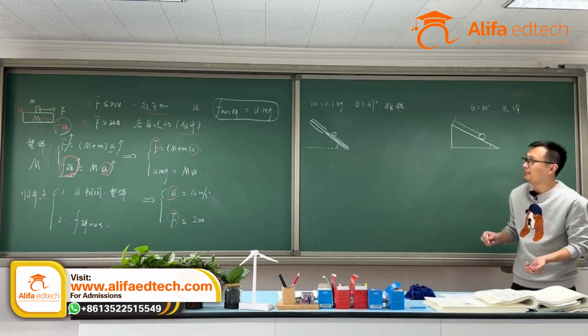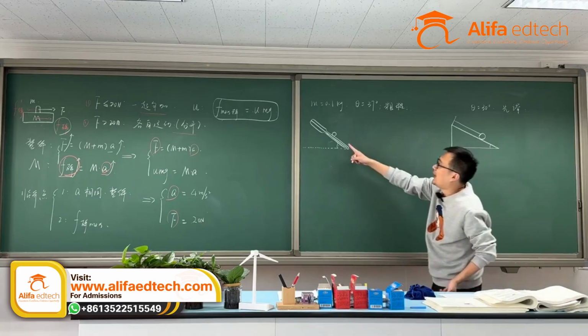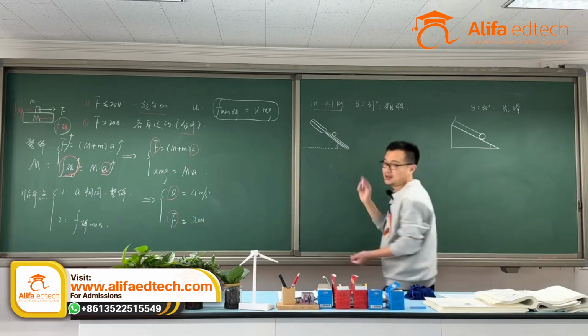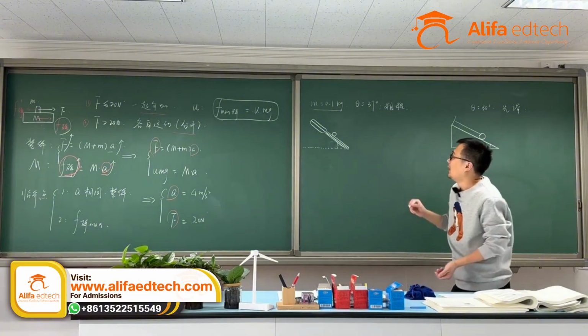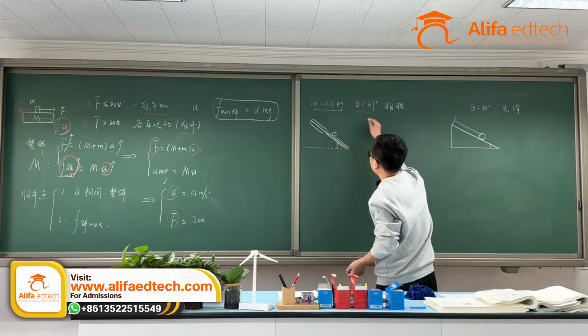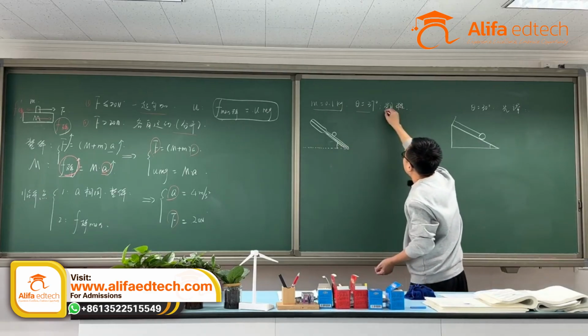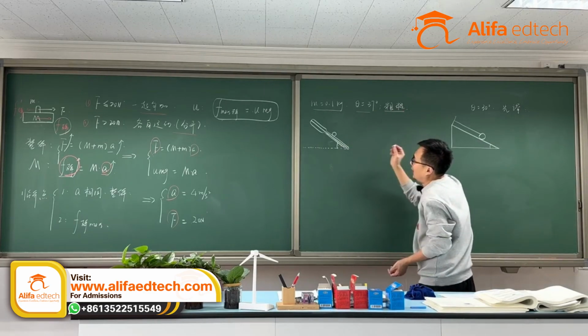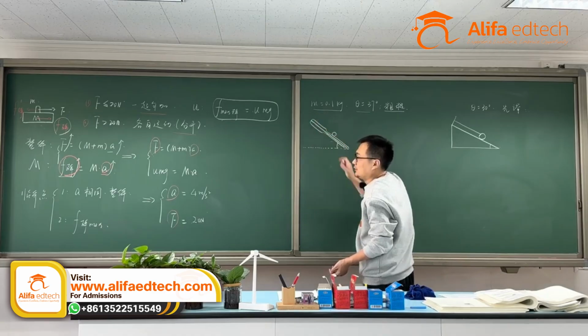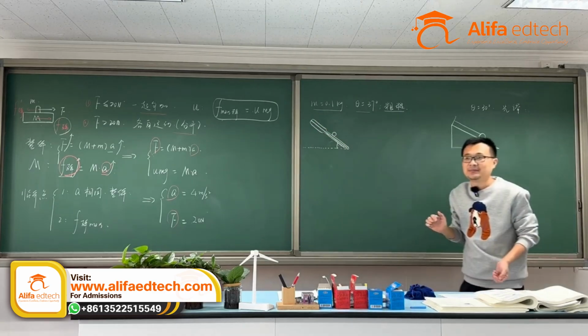The second one is a ping pong paddle. It's supporting a small steel ball with a mass of 0.1 kilograms. It is known that the angle of this ping pong paddle is 37 degrees. The ping pong paddle is rough. Of course, in that problem, an athlete was holding this ping pong paddle, and the mass of the paddle was also given.